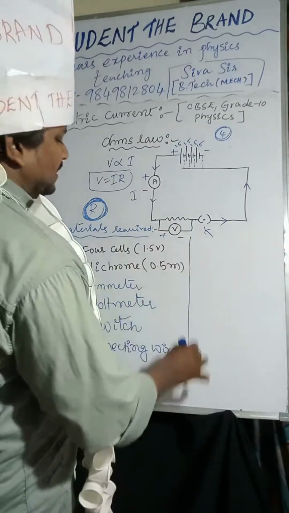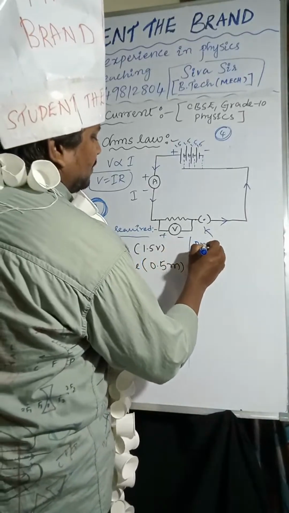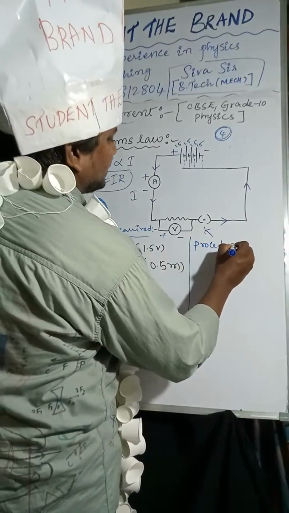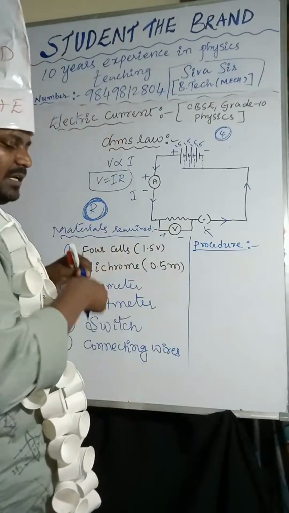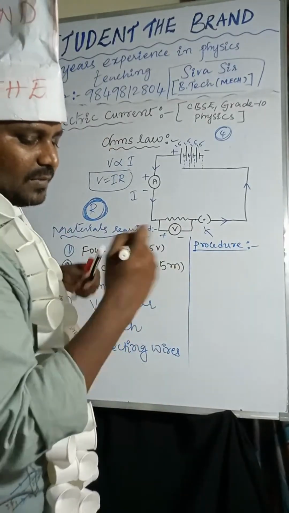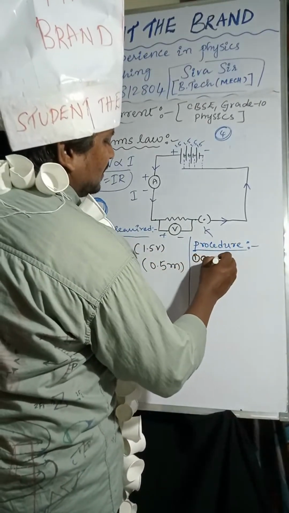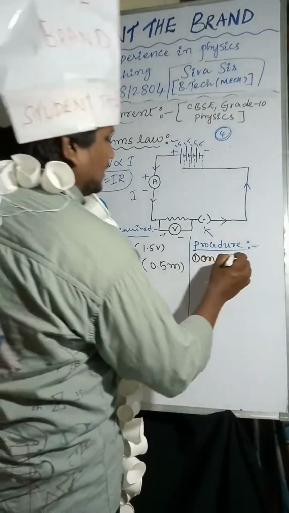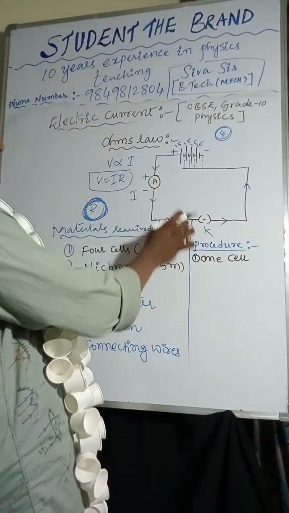Next one, procedure. What is the procedure? Connect one cell and note down the reading of the ammeter and voltmeter.